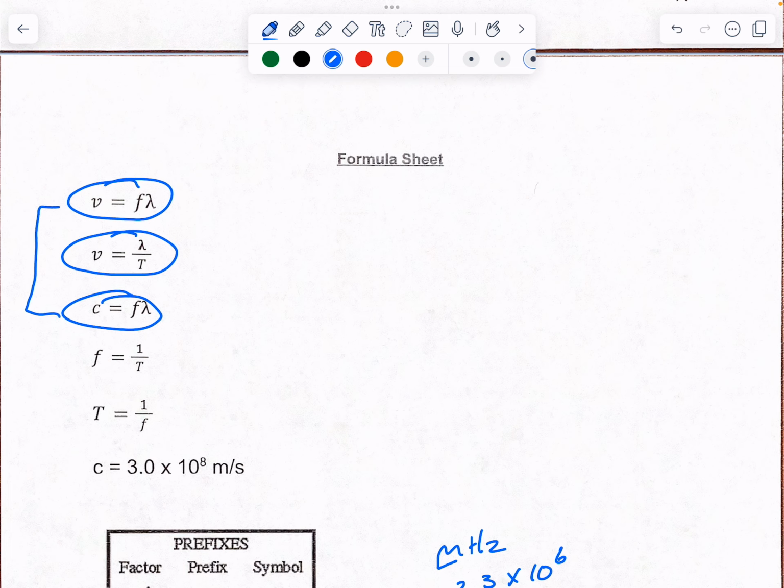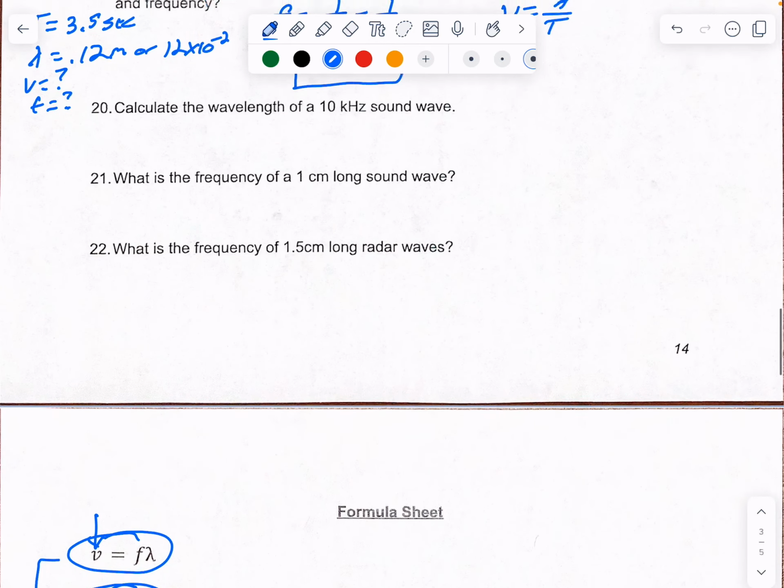The only reason it's C instead of V is because C is for electromagnetics, and it'll never change. When you're dealing with things like sound and water and air, this velocity can change all the time. But with electromagnetics, C doesn't change. It's still a velocity, but we call it C because it stays constant. So that's a little tip for you.